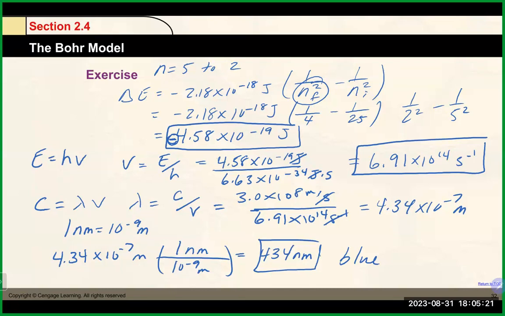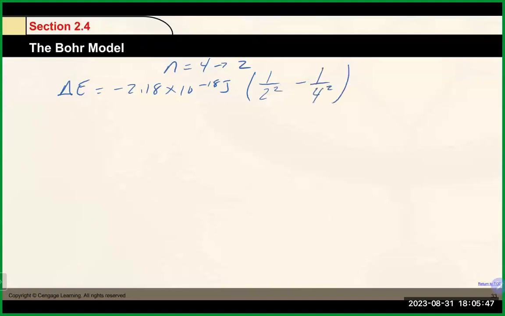All right, then let's take a look at the next one here, which is we're going from n equals 4 to n equals 2 in this case. So we'll start with our same calculation here for our change in energy, minus 2.18 times 10 to the minus 18 joules. Once again, this is going to be 1 over 2 squared minus 1 over 4 squared in this case.